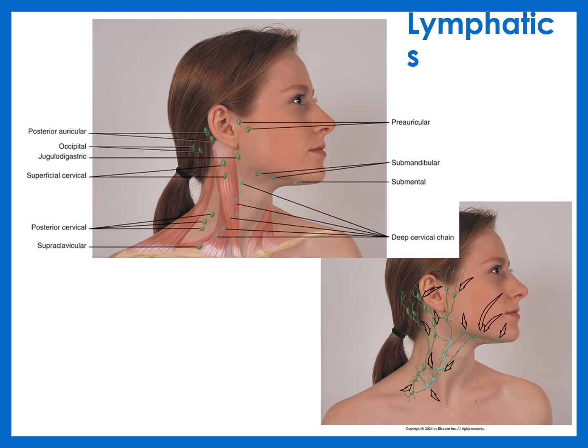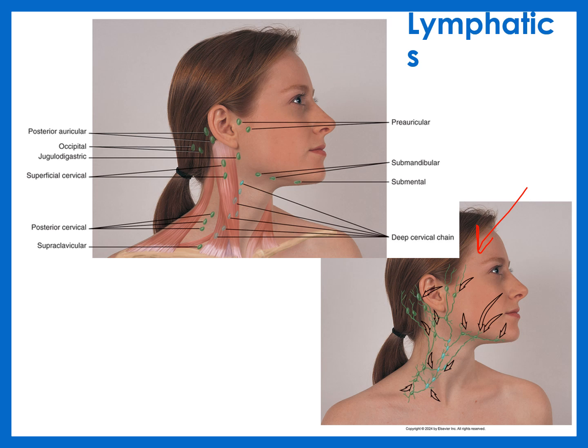And here is a better picture of this. And this is a picture of thoracic drainage and how it flows down through the face and neck here. And when something is impacting that flow, we can have enlarged lymph nodes, or if we have infections, we can have enlarged lymph nodes. So we have the preauricular, anterior to the ear.